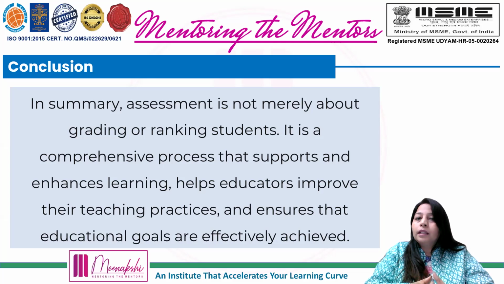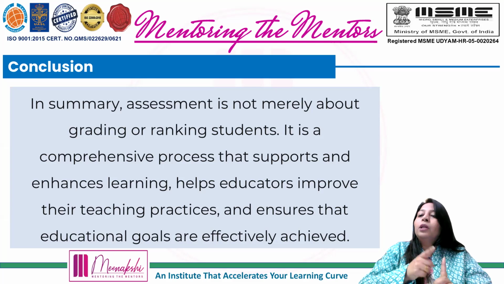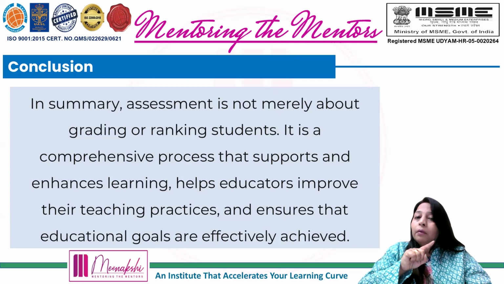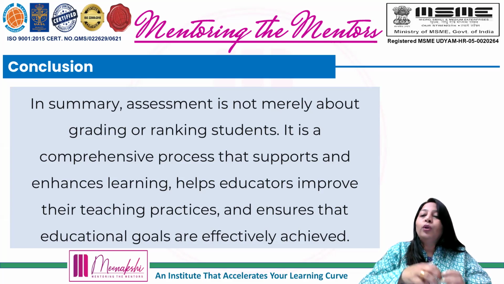What we are going to assess means on what parameters we are going to assess, whether I am going to assess the student's subject knowledge, like maybe the lower order thinking skills, or I am going to assess the HOTS, the higher order thinking skills. I do not want my children to regurgitate whatever I have taught in the class, but I want my students to use that knowledge for higher order thinking skills, maybe analysis, evaluation, or maybe creativity.